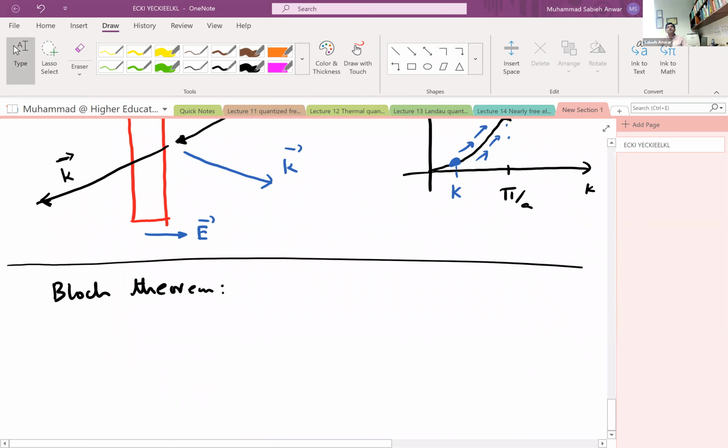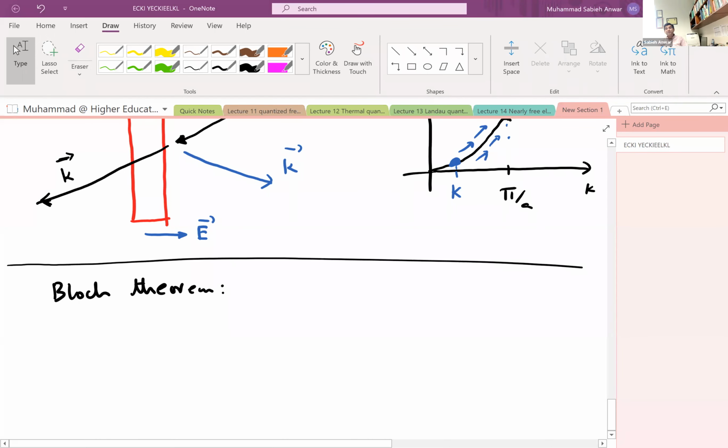The electrons that we're dealing with so far are independent electrons. They're nearly free electrons, not totally free, but almost. They've escaped a little bit from the confines of the atoms, but they're mostly free, and they slightly deviate near the zone boundaries.